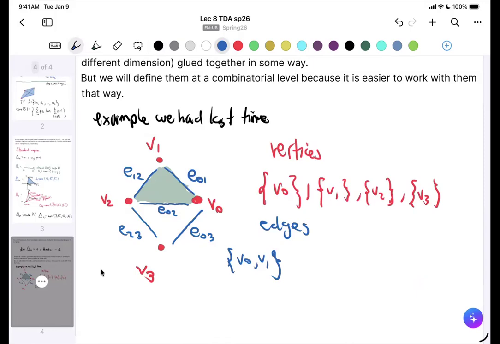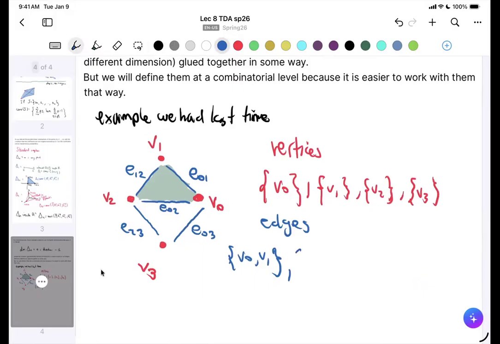But the edge itself as a curve or a line segment is a geometric thing. It's not something discrete. So you represent all of this information by discrete data. Each edge is represented by a two element set, and it's super easy to identify them because it's just in terms of their endpoints.